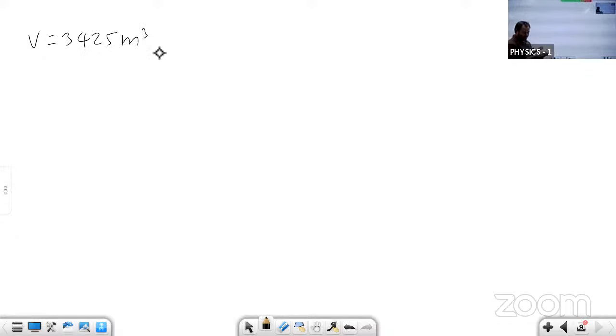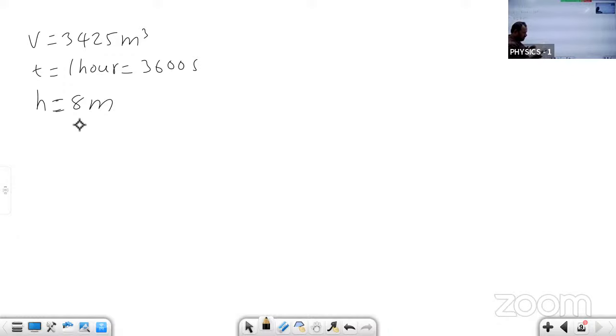This is the volume of water per hour. So time they gave is 1 hour. 1 hour equals 3600 seconds. 1 hour equals 60 minutes, 1 minute equals 60 seconds, 60 into 60, 3600 seconds. So this is the given data, per hour from a well 8 meter deep. Depth they gave is 8 meter.